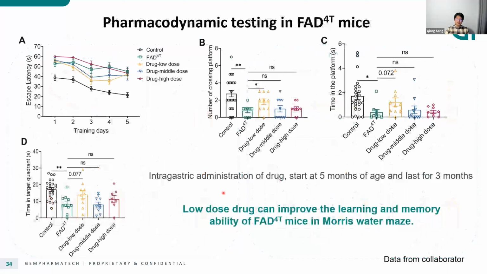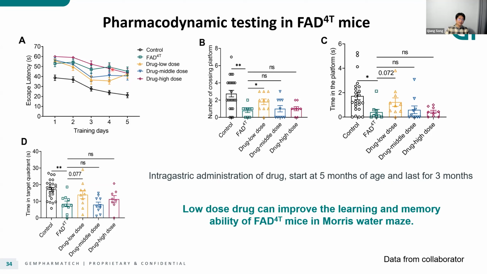And we also carried out the drug test in the FAD40 mouse model, and we used different dosages of the drug. We call them low dosage, medium, and high dosage. And these four groups all used FAD40 mice, compared with the black line, which is the wild-type control.